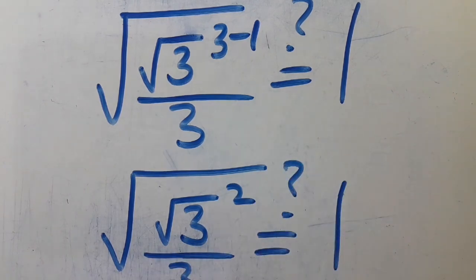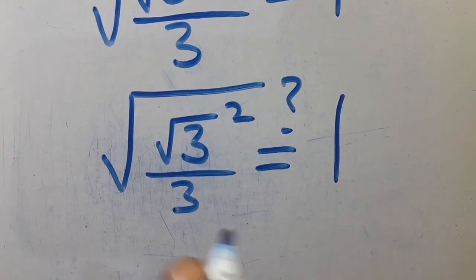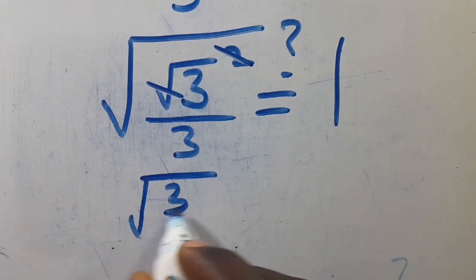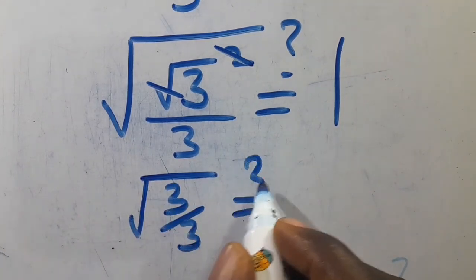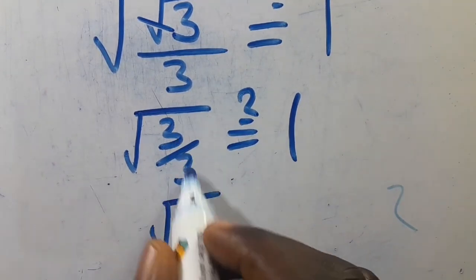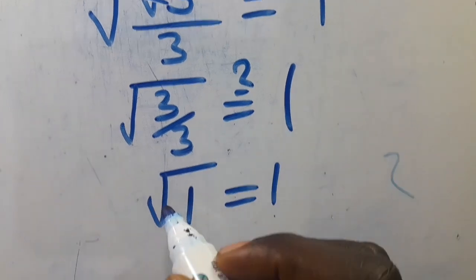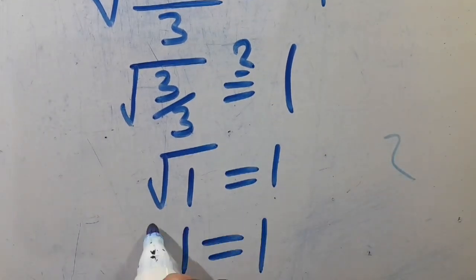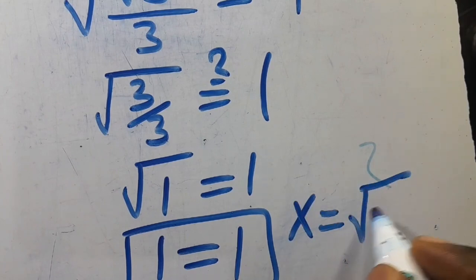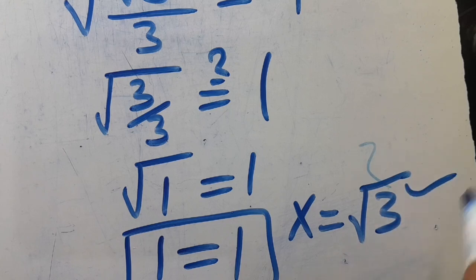Obviously the square and the root cancel, so we have root of 3 divided by 3, that is root of 3 divided by 3 equals 1. Root of 1 gives us 1, equals 1. So x equals positive root 3 is satisfied. It is accepted.